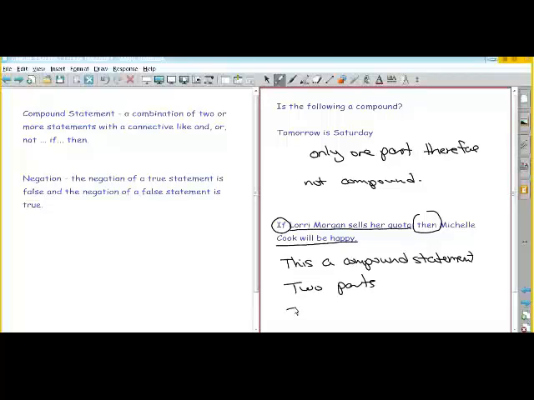So it's for two reasons. There's two parts, and also we have the if-then arrangement. Sometimes the if-then is implied, so you have to be careful. You can't just look for the words if-then. We'll do that later too.